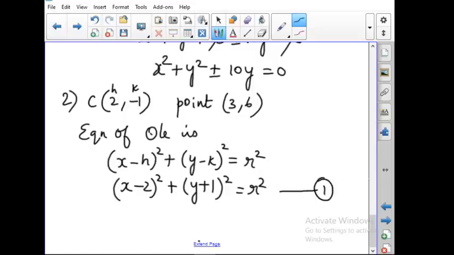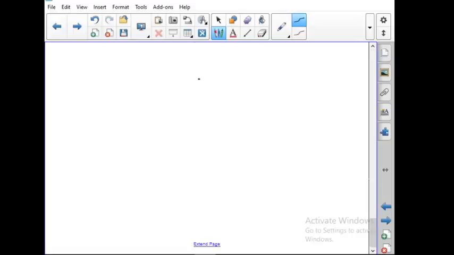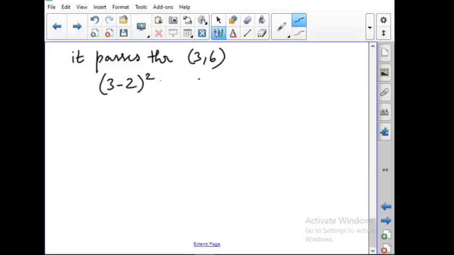So it passes through the point 3 comma 6 means we have to substitute for x and y as 3 and 6 and find out what is r. Okay, now let us substitute. It passes through 3 comma 6. So when you are substituting 3 comma 6, it will become 3 minus 2 the whole square plus 6 plus 1 the whole square is equal to r square.